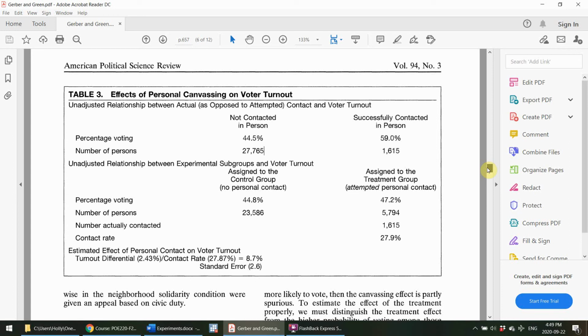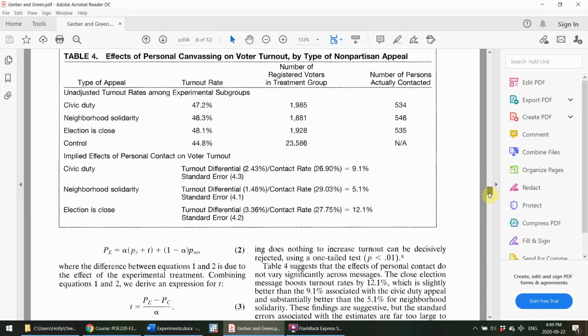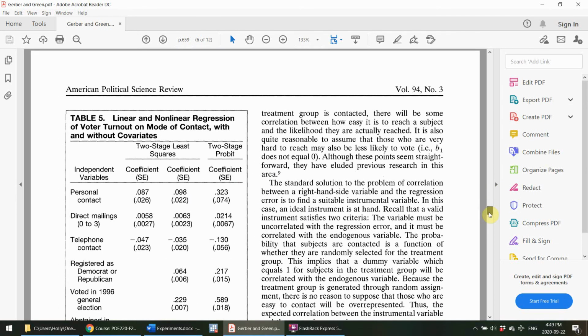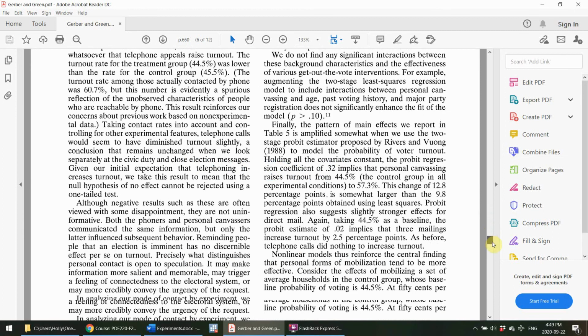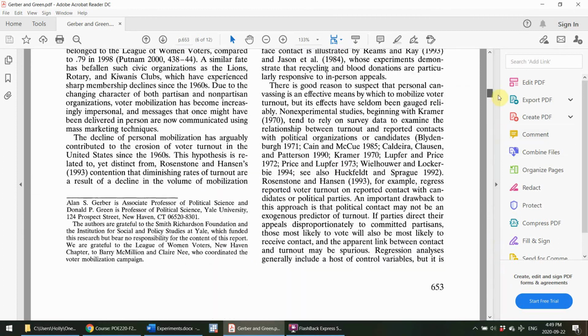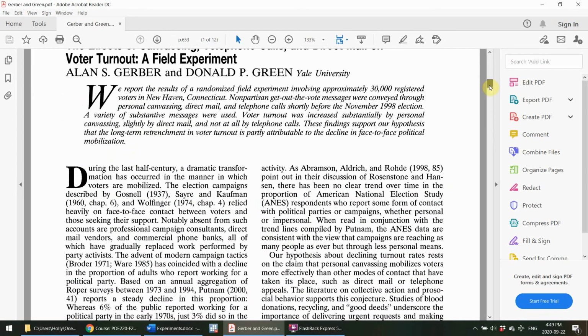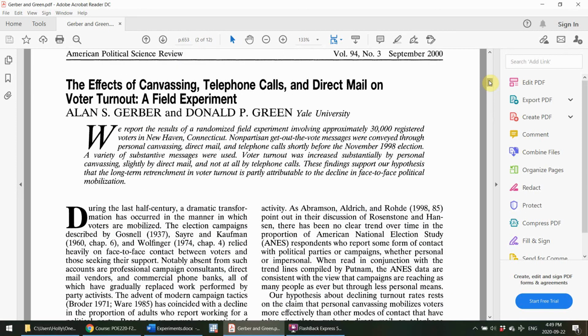It's right here where they attempted contact. Let me go find, there's a really nice chart. Where the heck is the chart? Anyway, I can't find it. Point being, they compare those three groups, and they find support that if you contact somebody in person, they're going to be more likely to turn out to vote.